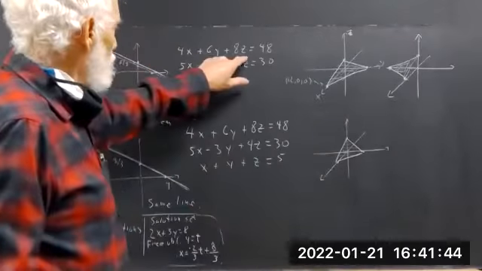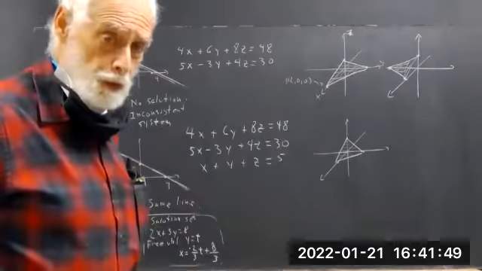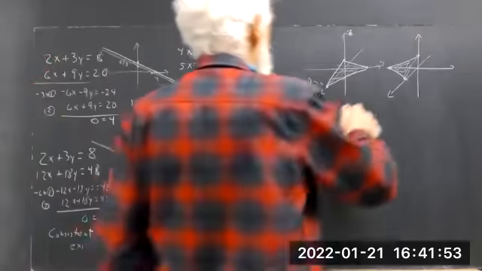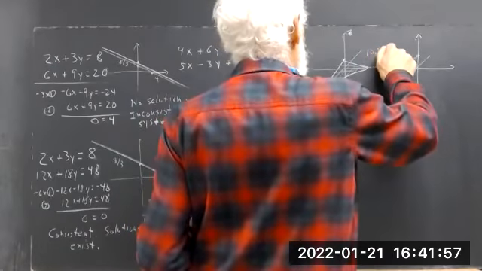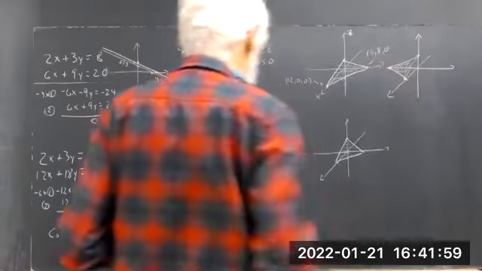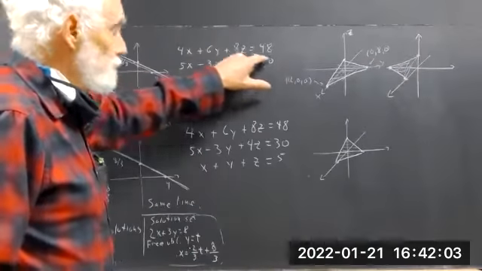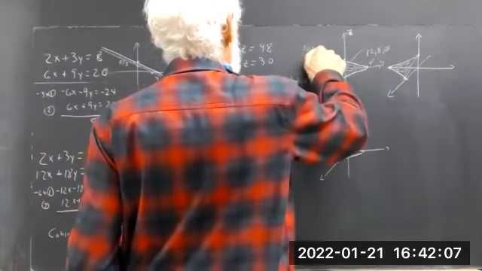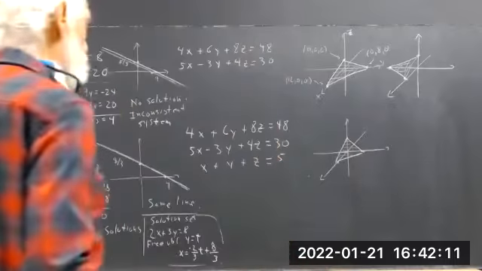If x and z are 0, then we're on the y-axis. So 6y equals 48, which means that y is 48 over 6, which is 8. So we're going to have the point x is 0, y is 8, z is 0. And then if x and y are both 0, z is 6, giving us the point 0, 0, 6 on the z-axis.